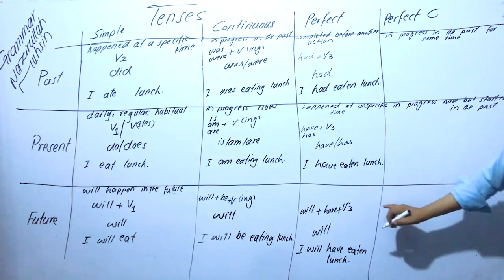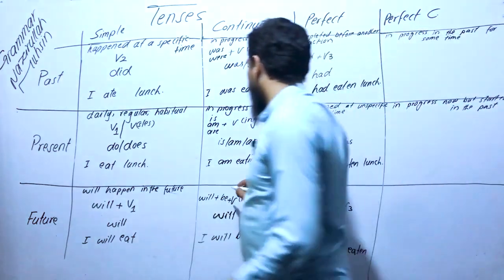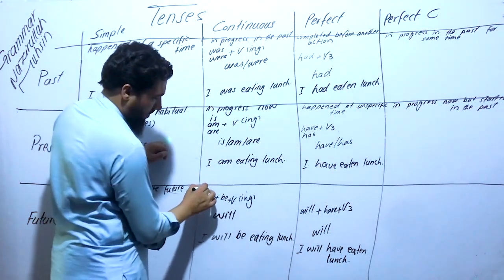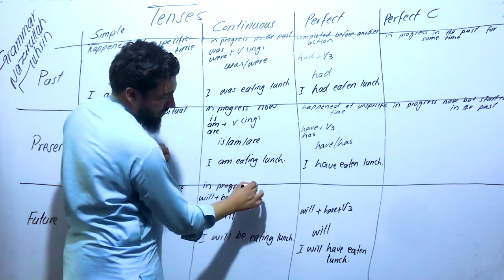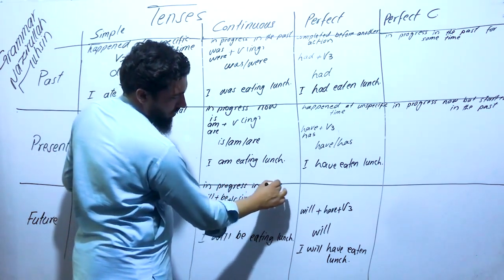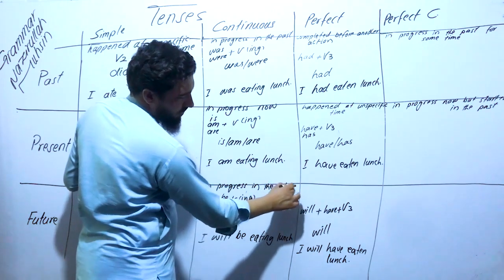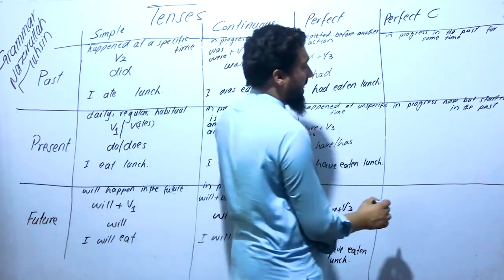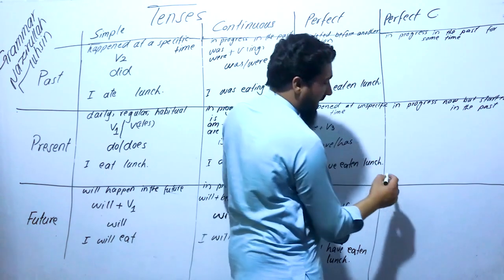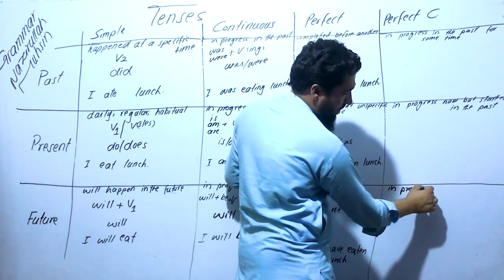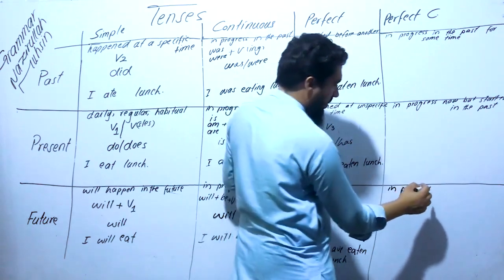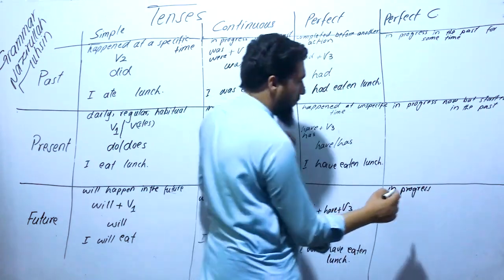Future perfect continuous and future continuous will be in progress in the future. And future perfect continuous tense also shows an action which will be in progress in the future.